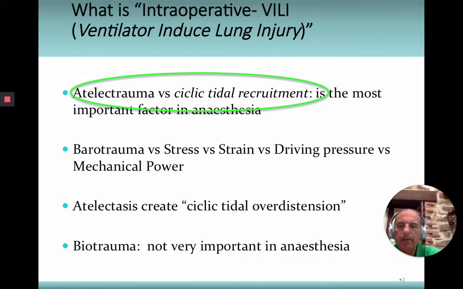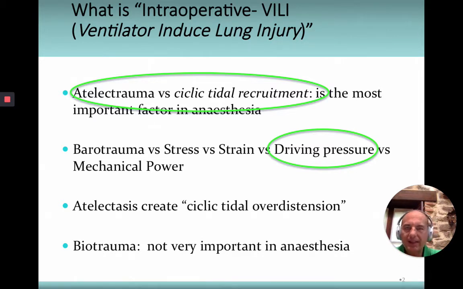On the other hand, barotrauma, that is the damage created by pressure. Remember that at the beginning, the first pressure we always want to control is plateau pressure, and obviously the less the better. But now we know this is not enough. When we talked about stress and strain, finally, inside the OR, the easiest parameter to control, and at the same time the keystone to protect the lungs against mechanical ventilation, is driving pressure.